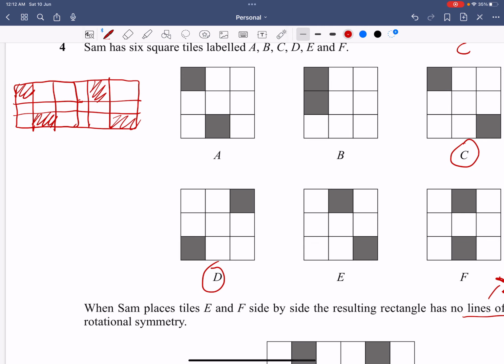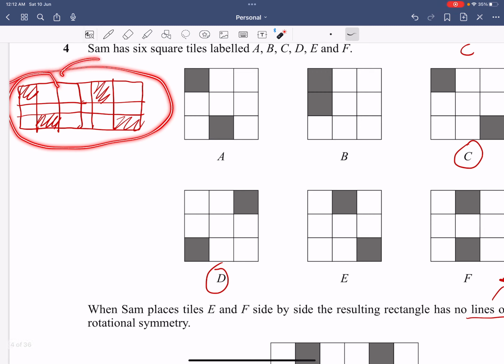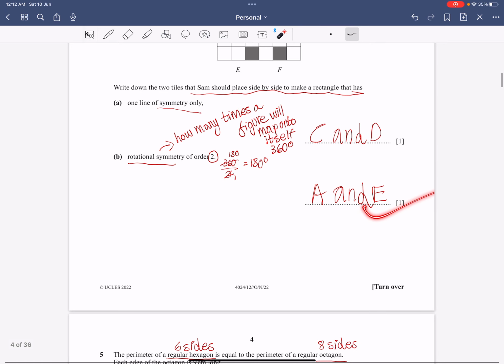So now as you can see, this is a whole rectangle, and if you rotate it about this point, this will come here. If you rotate it through 360 degrees, it will map onto itself two times, which means twice, which means A and E are the correct option.